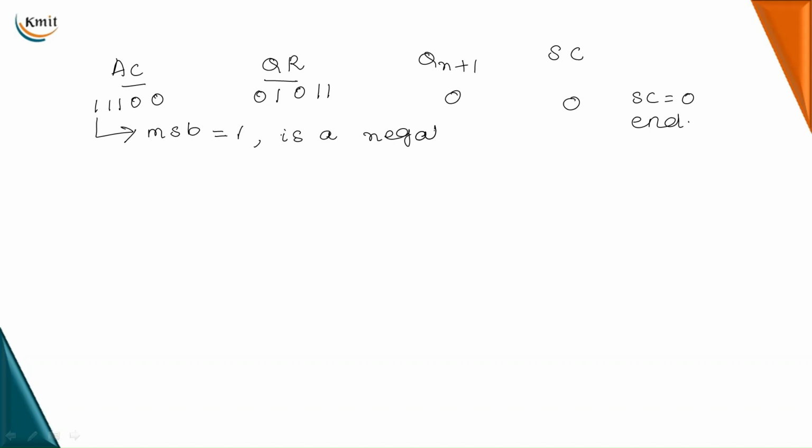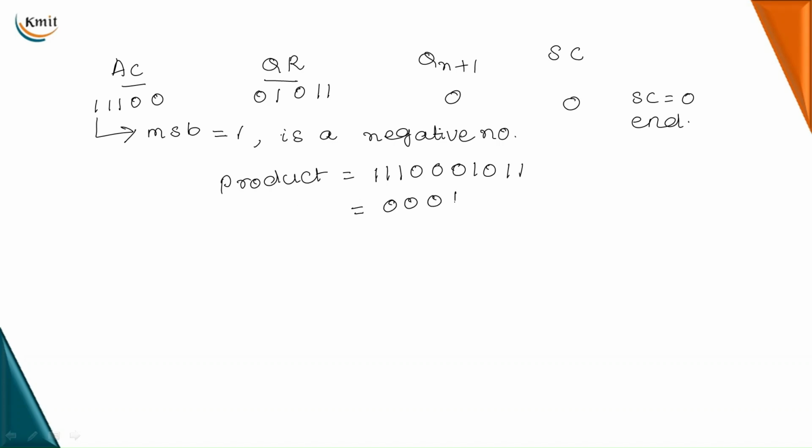So to get your actual product, you have to perform a 2's complement representation of this particular product. So what is the product which is stored in AC and QR? It is 111000101. I am combining and writing it down. Now perform a 2's complement. So what it means?